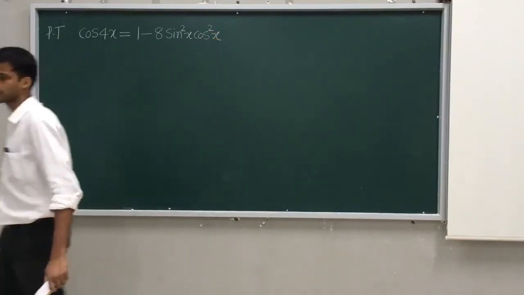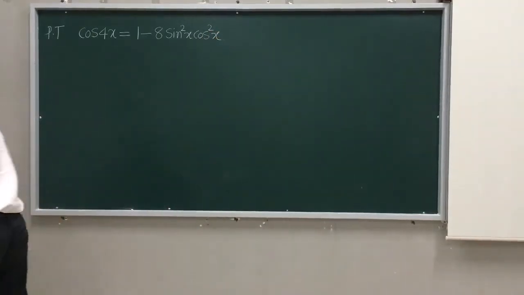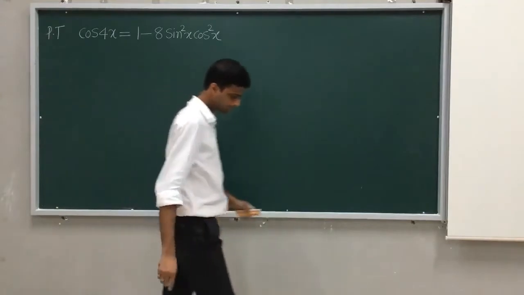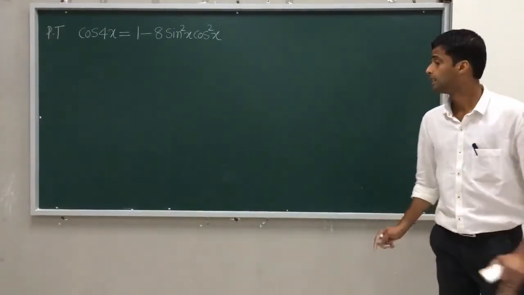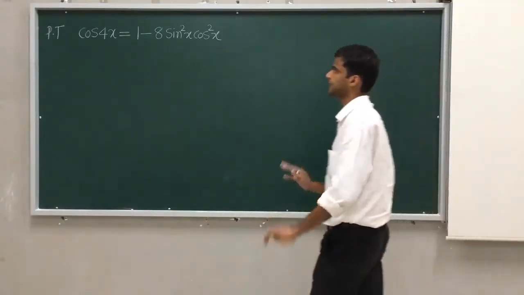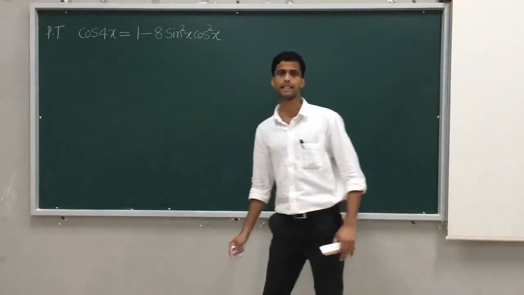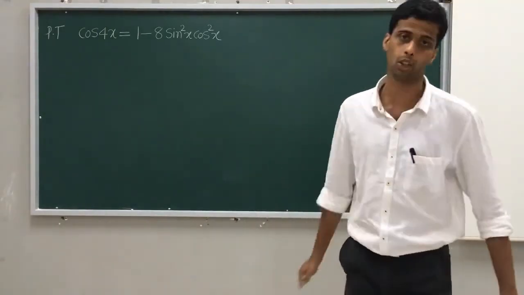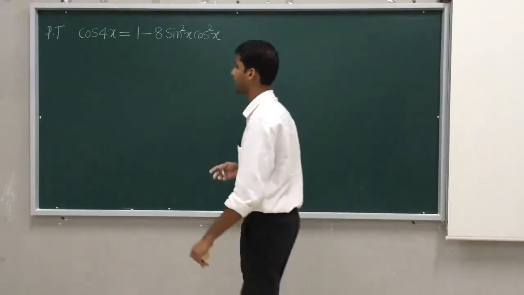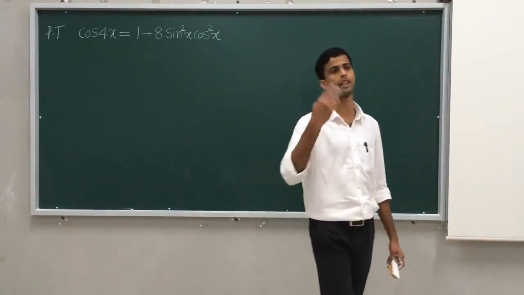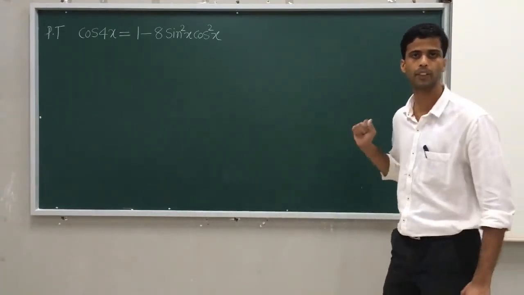So cos 4x, we need to prove 1 minus 8 sin square x into cos square x. Left hand side is cos, right hand side is a mixing of sin and cos, with the number 8 multiplied to that square of these two trigonometric functions.